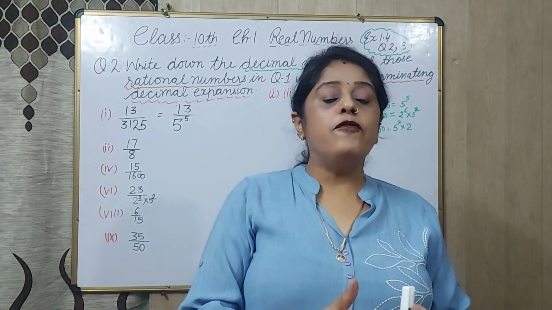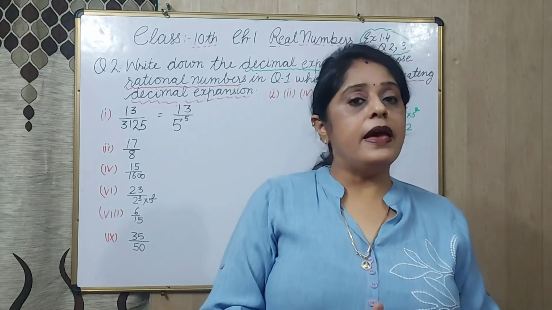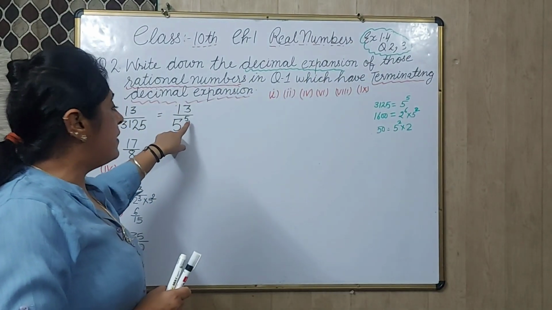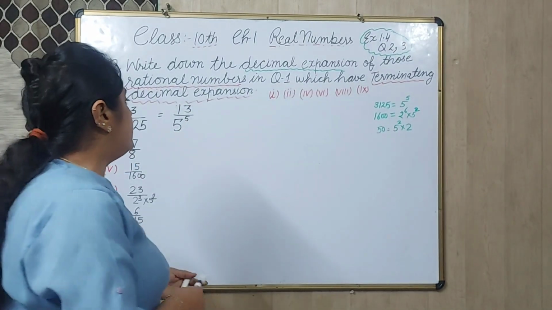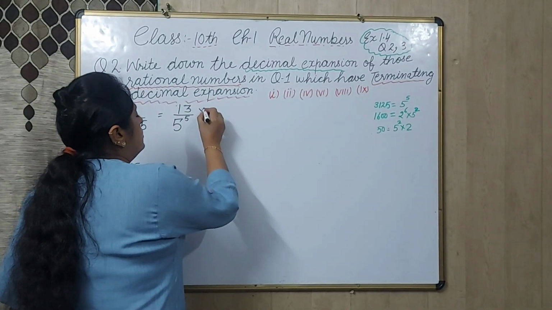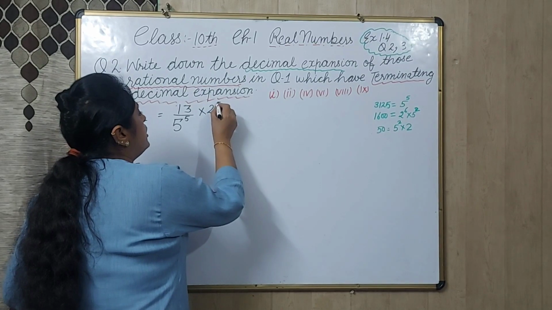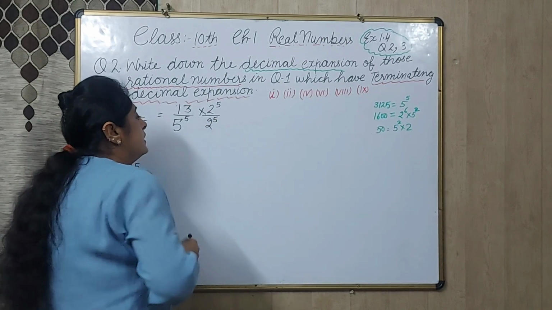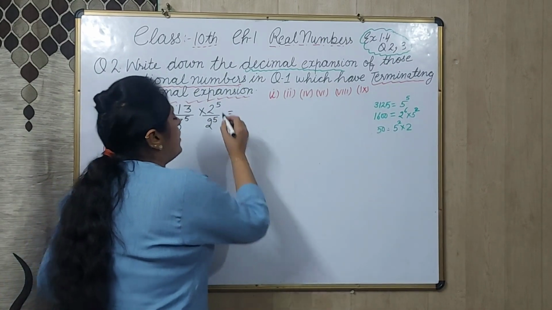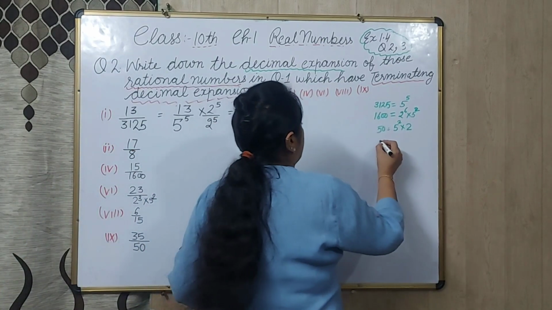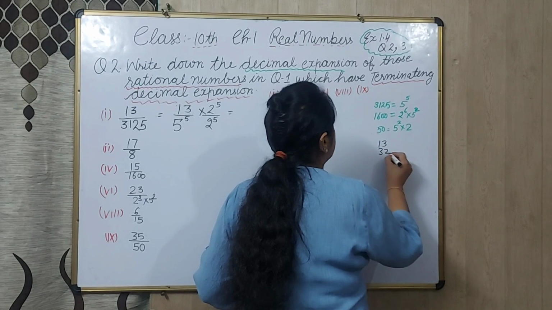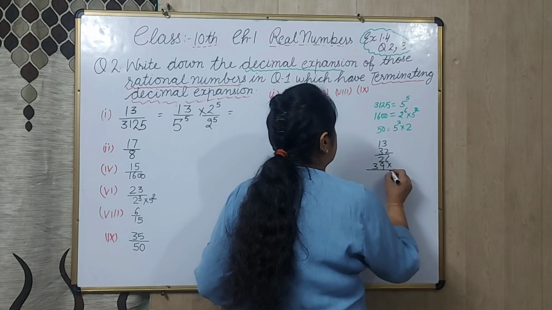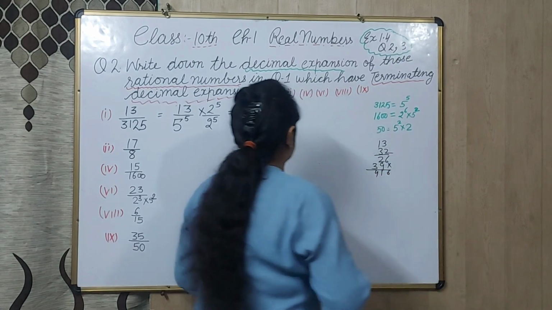When it comes in the form of 2 power m and 5 power n, you see 5 power 5 is there. We will multiply 2 power 5 in the numerator and 2 power 5 in the denominator. And 2 power 5 is 32, and 13 multiplied by 32 is 416.